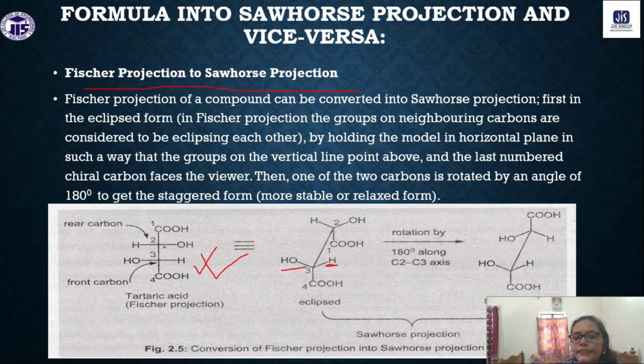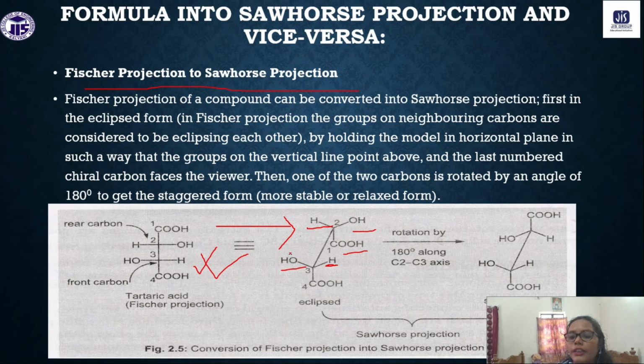Next, if we see the rear carbon, again the COH group will go downside, and on the right hand side you will see the OH, and on the left hand side you can see the hydrogen. So thus we can convert the Fischer projection formula into the Sawhorse formula, right?